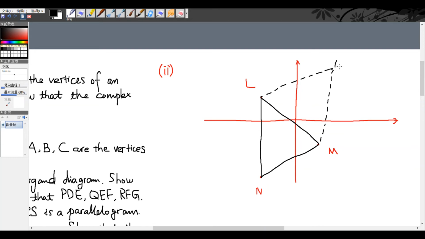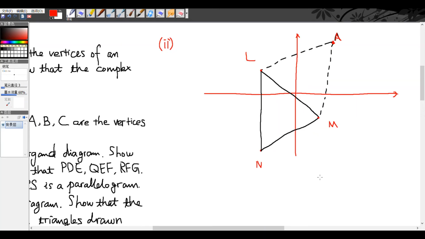Let's mark it A with red pen. And then we have another equilateral triangle right here, and I will mark it as B, and another one here, and I will mark it as C. And we link all of those points with dotted line.